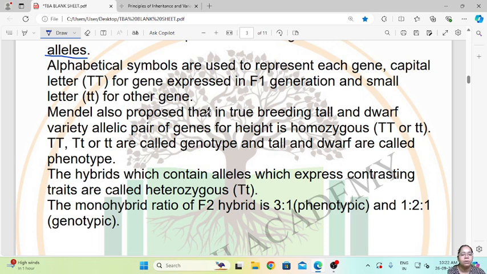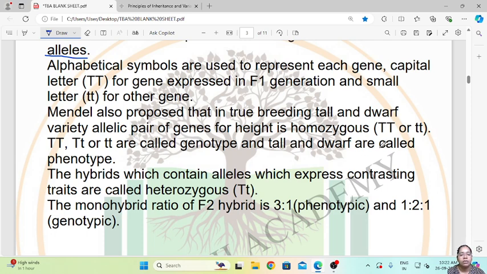Mendel also proposed that in true breeding tall and dwarf varieties, the allelic pair of genes for height is homozygous, that is, capital T or small t, the same pair of genes, either dominant or recessive. These are called homozygous genes.